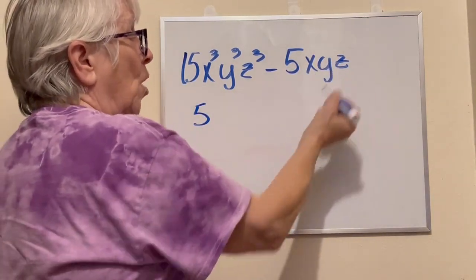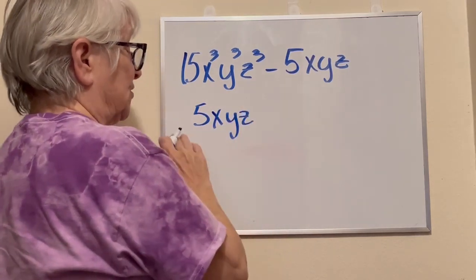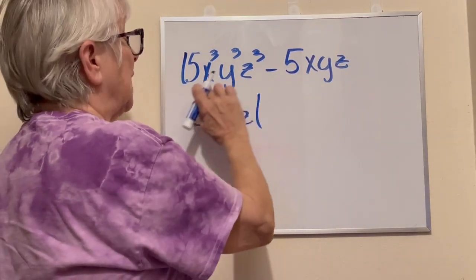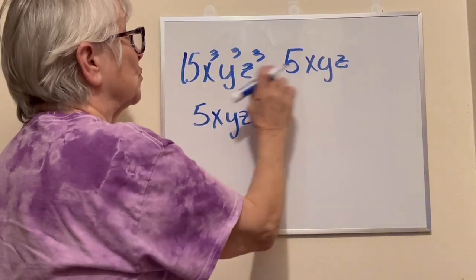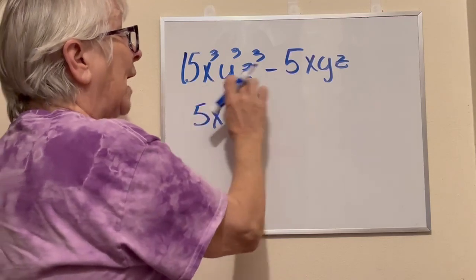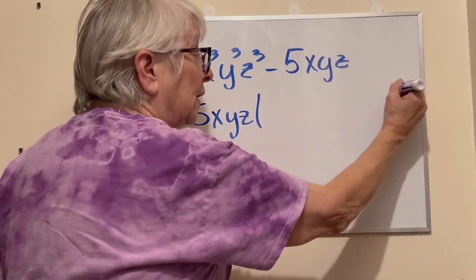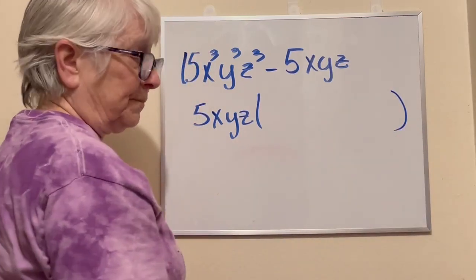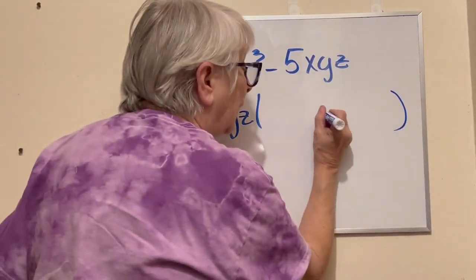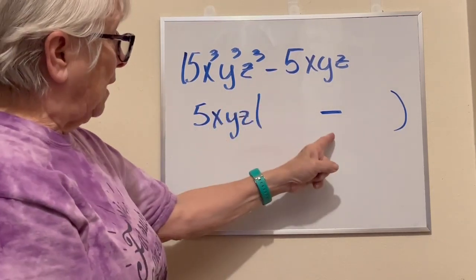And these are all 1s, so they're the lowest. xyz is the lowest. It's the lowest x, because this is 3, the lowest y, because this is 3, and the lowest z, because that's 3. We have 2 terms here, so we're going to have 2 terms inside our parentheses. And there'll be a minus sign in the middle. Okay? Minus sign, minus sign.